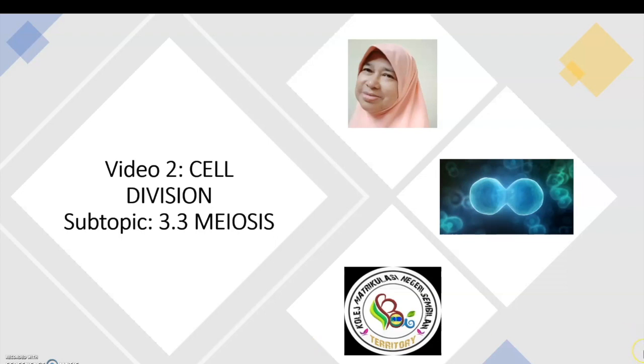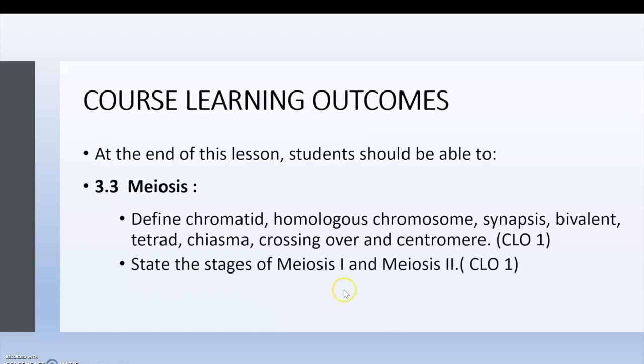Will be explained for video 2, the subdivision for the subtopic meiosis. For this subtopic, your course learning outcome, you should define the chromatid, homologous chromosome, synapsis, bivalent, tetrad, chiasma, crossing over, and centromere.